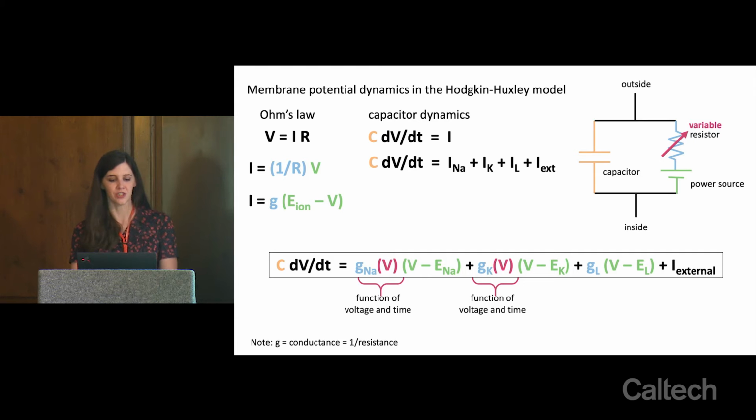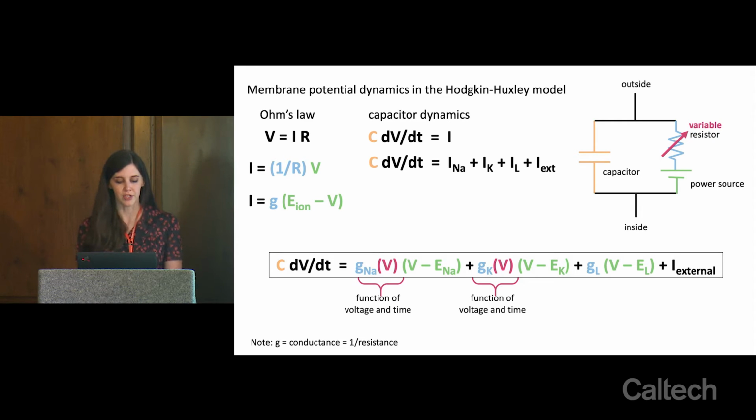It's a lot less scary than it looks. It's 3 repeats of this conductance term times a difference between, I might have a sign flip there, the membrane potential and the reversal potential of each individual ion. So there's a term for sodium, a term for potassium, and a term for the leak.